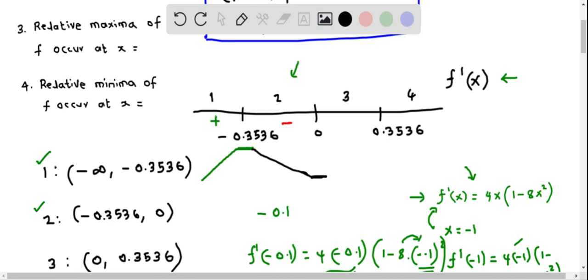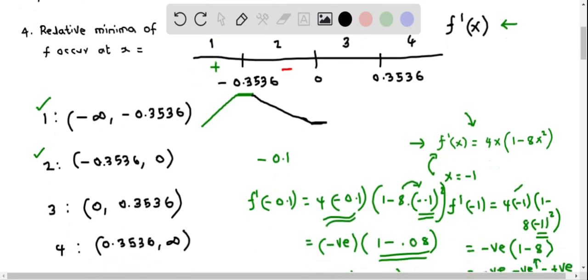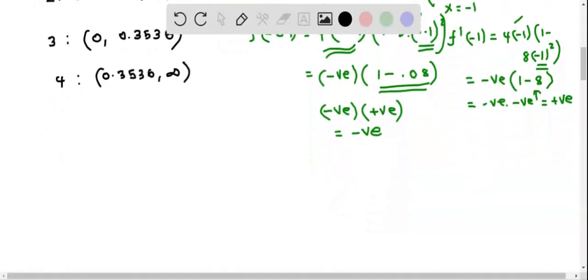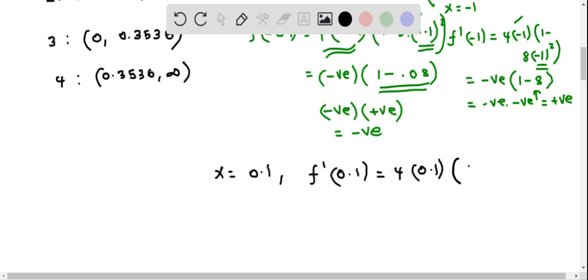Now let's determine the sign in the interval from 0 to 0.3536. For that, I'm going to take the random x value x equals 0.1 and determine its sign. So f prime of 0.1 equals 4 times 0.1 multiplied by 1 minus 8 times 0.1 quantity squared.